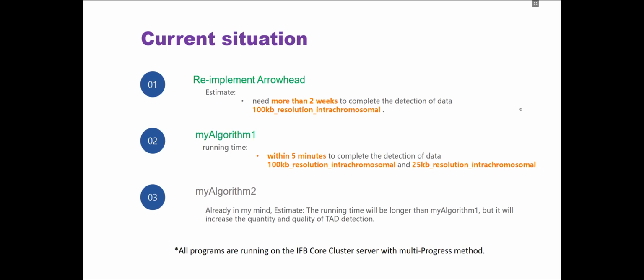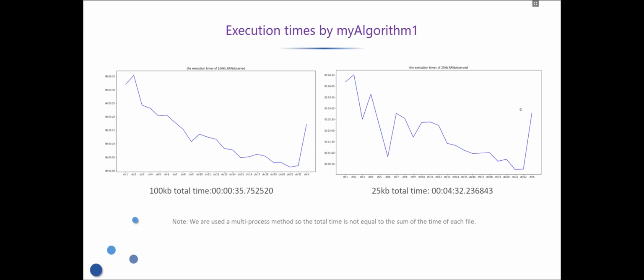All the programs, even Arrowhead, run on the IFB core cluster server with multiple processes. This is the time for the first method on the 2 data sets at 100 kb resolution. It's really quick. Maybe we can verify it during question time.